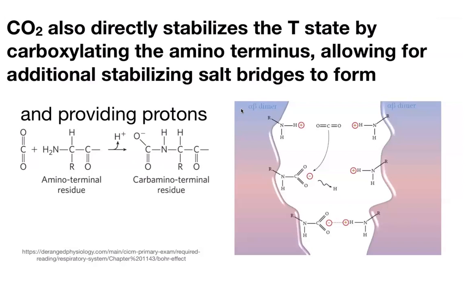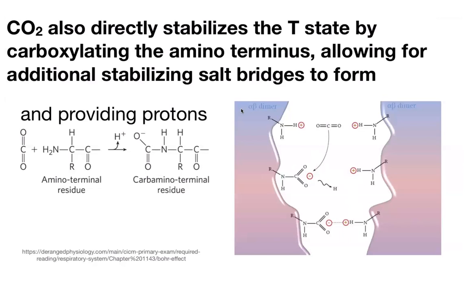So you're taking what was a positively charged N-terminus and turning it into a negatively charged site. When you have something negative, now it can form a salt bridge with something positive. So you can get a new salt bridge forming that you wouldn't have had before.